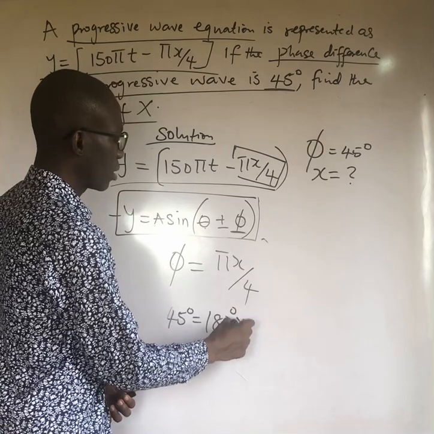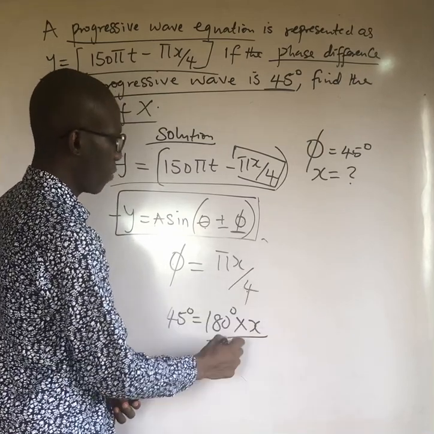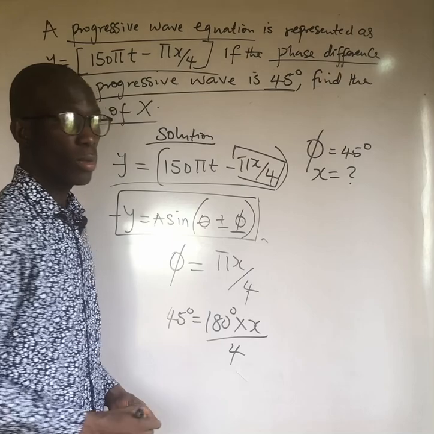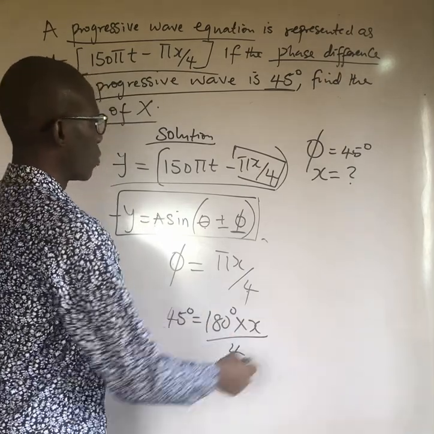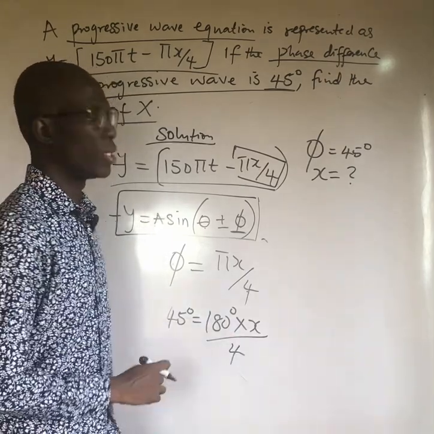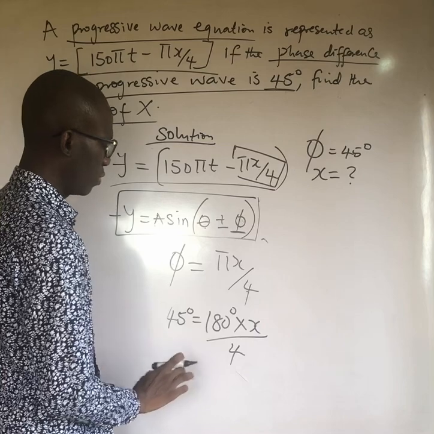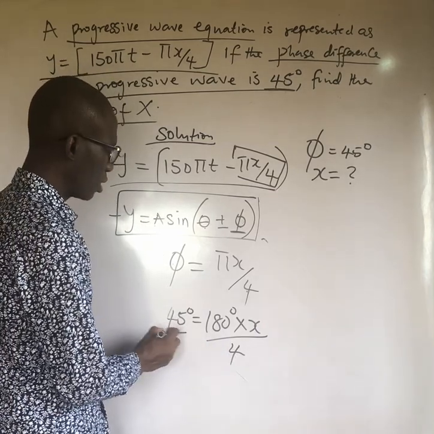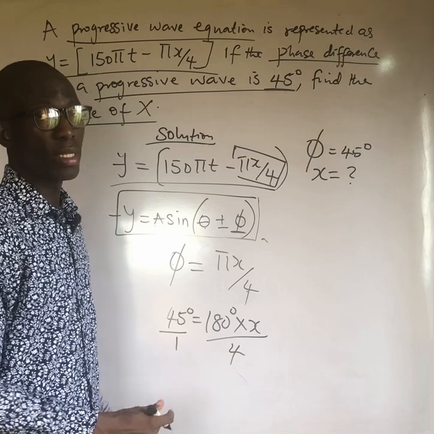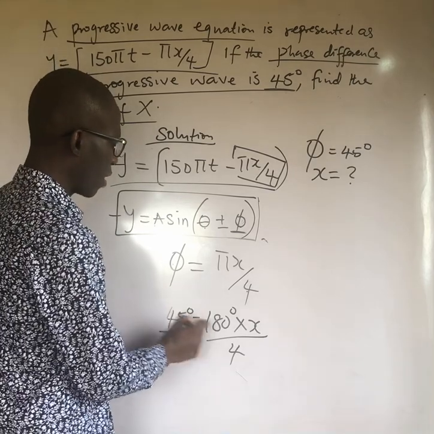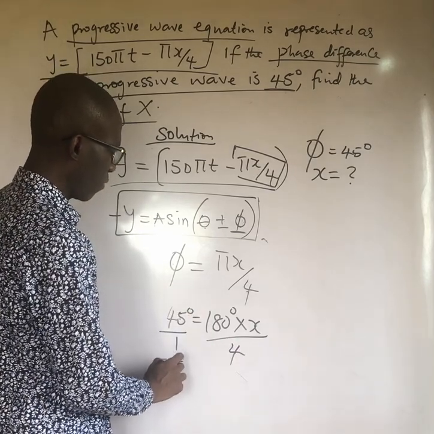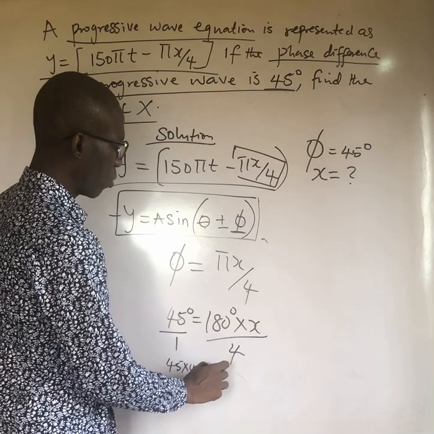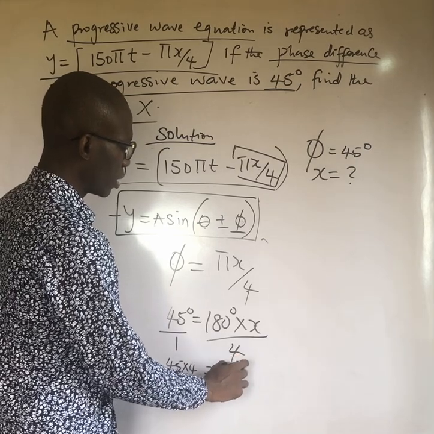Then we have x, and then we have 4. So how are we going to resolve this? For us to resolve this, we have to use this 4 to multiply this. First of all, you know that this is equivalent to over 1, the same thing as over 1. So 45 times 4 is now equal to 180 degrees, times x.